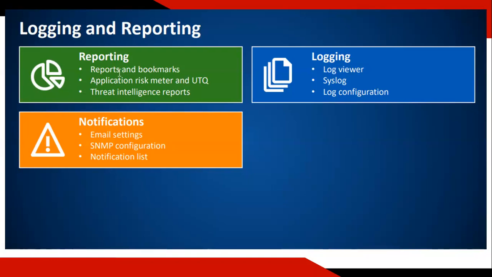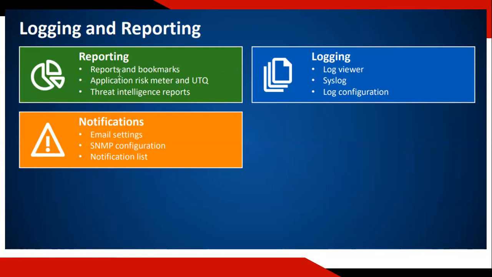Let's say if you have some ISP down, you will get a notification. So we will see notification by email setting, SNMP configuration, and the notification lists available on Sophos firewall to notify us by email if anything goes wrong. For example, if the firewall goes down or IPsec goes down and so on.